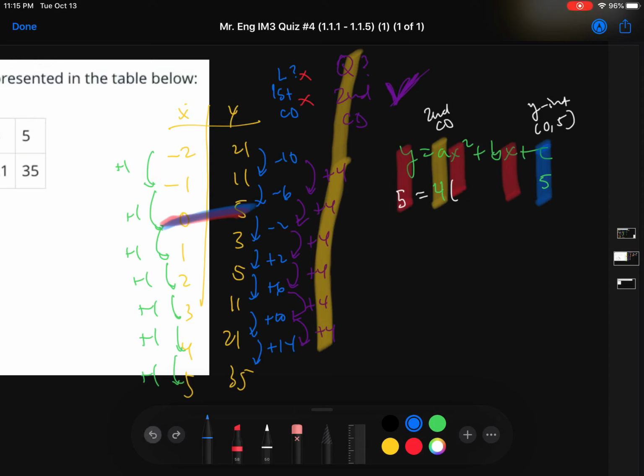Pick anything other than the 0. Let's pick 1, 3. That's an easy number to work with, right? X value is going to be 1, and the y value is going to be 3.